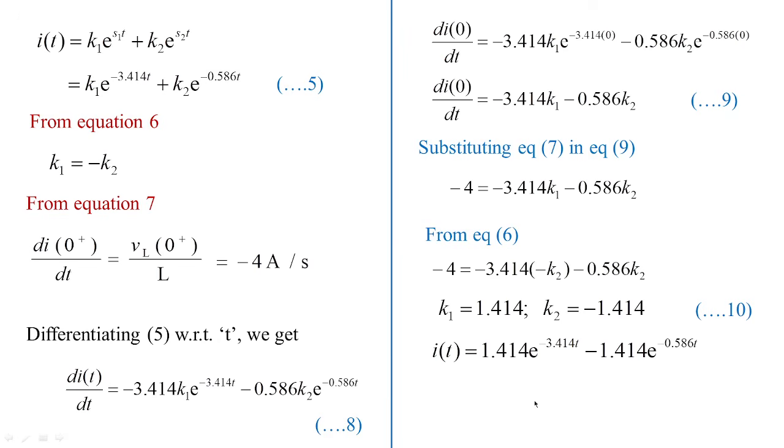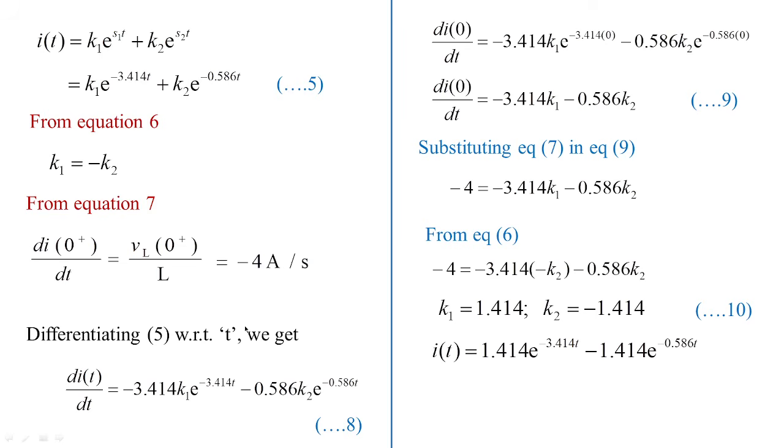So this is the solution for the overdamped condition. I hope you understood how we have obtained the solution for transient current when alpha is greater than omega naught.